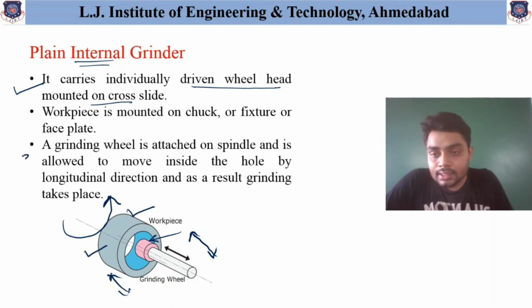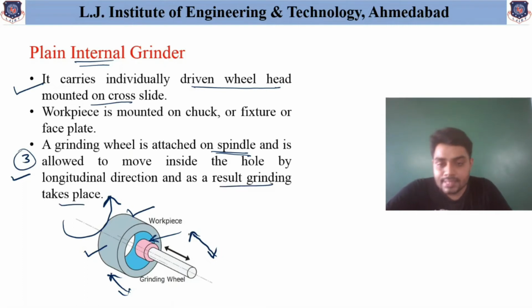Third, the grinding wheel is attached on the spindle and is allowed to move inside the hole in the longitudinal direction. As a result, it grinds the workpiece. That means the workpiece rotates and the grinding wheel is fed inside the workpiece and moved in the forward or backward direction for finishing purpose. So this is the plain internal grinding machine.